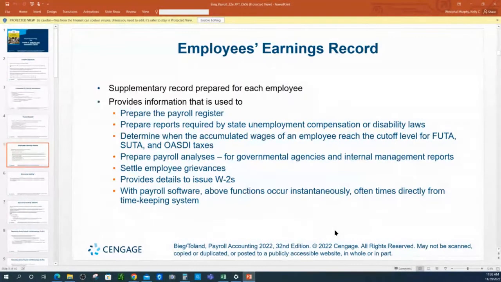It can also happen directly from the timekeeping system. So if the employer has an electronic timekeeping system, maybe it's through a computer, maybe it's through like an electronic time clock, or through some other type of biometric system, all of that stuff can already be recorded and be automated, right?